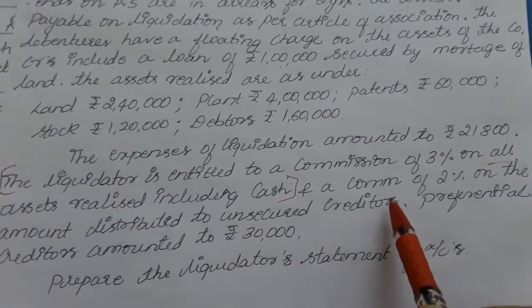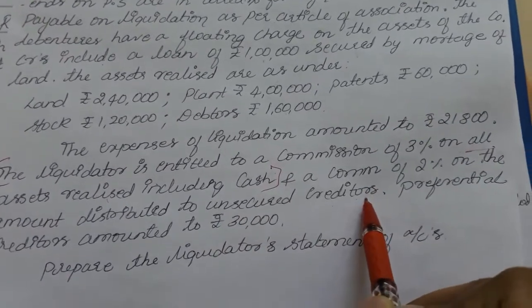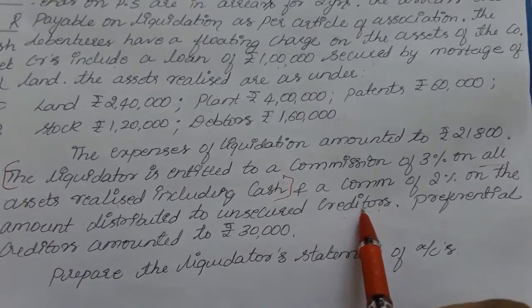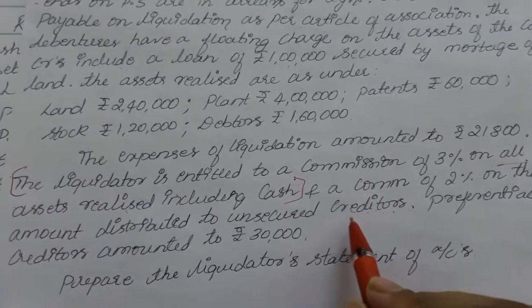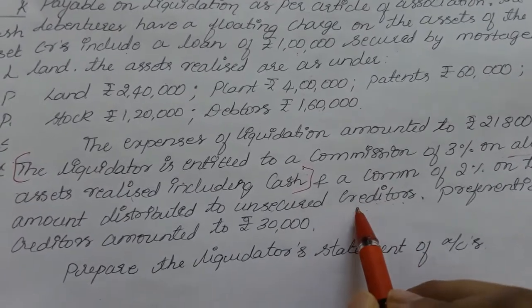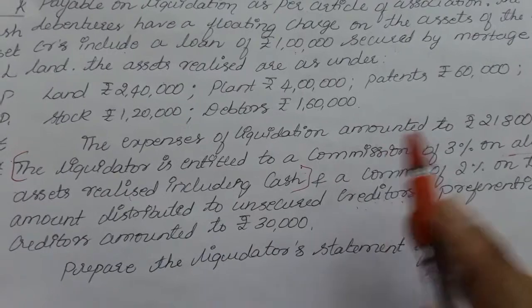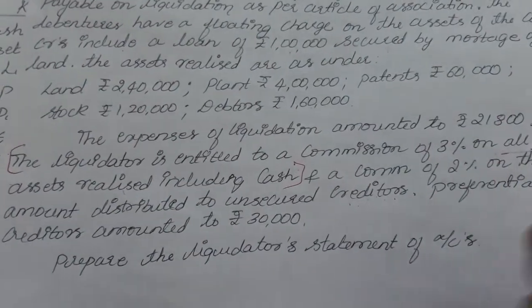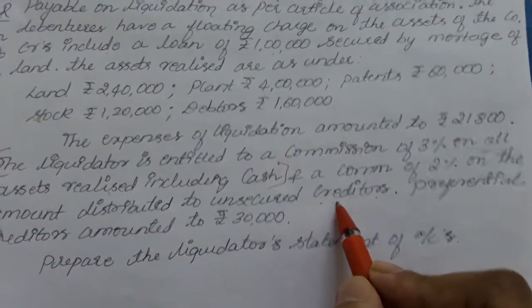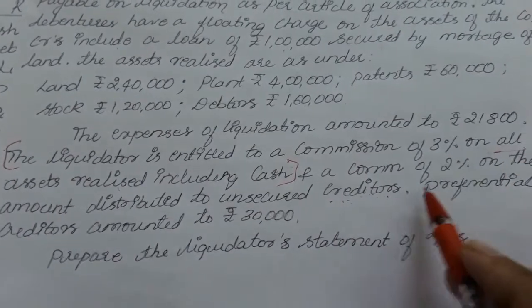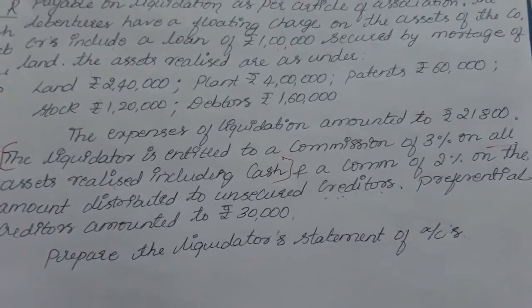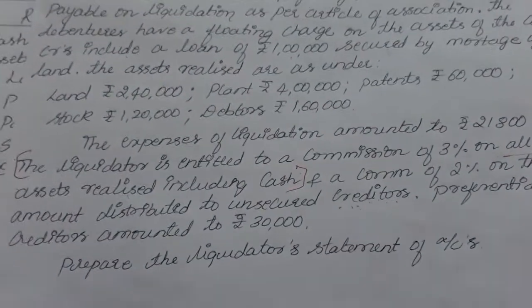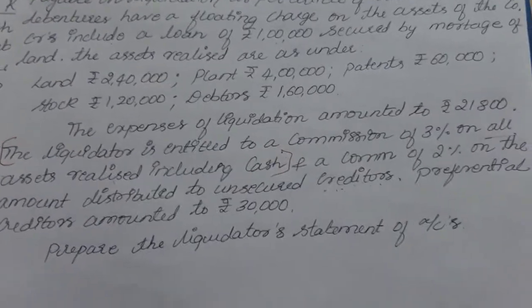And here they have not mentioned whether the preferential creditors should be taken as unsecured creditors or secured creditors. If anything is not mentioned, it is said that even the preferential creditors should be treated as unsecured creditors for the purpose of paying remuneration.